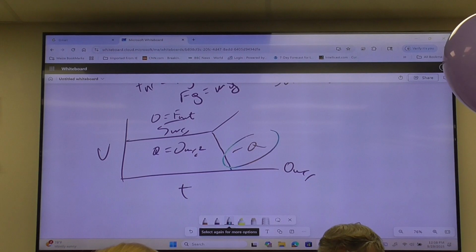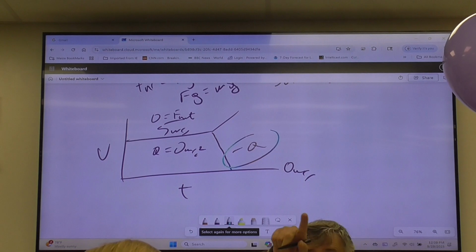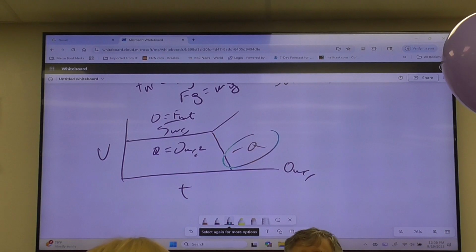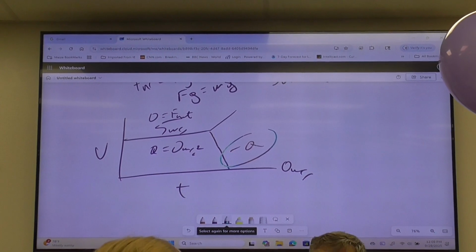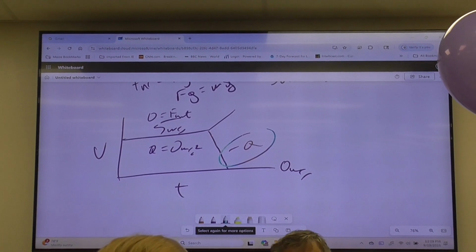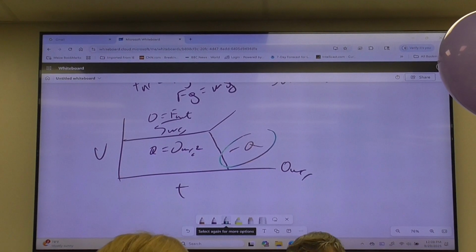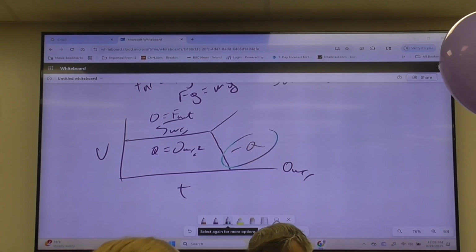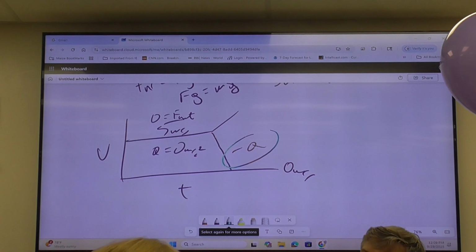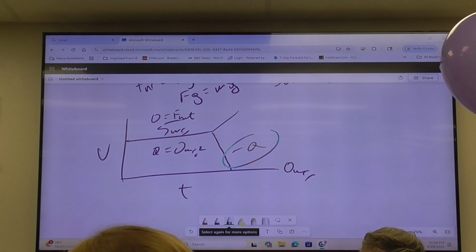Okay? So on C, to find that acceleration, you're going to use F equals ma. It might be positive, it might be negative, that's for you to figure out.